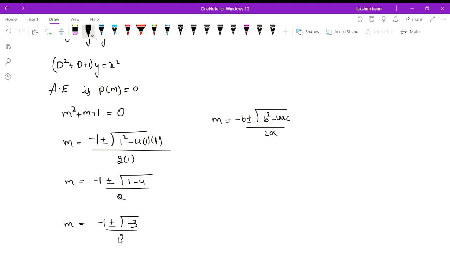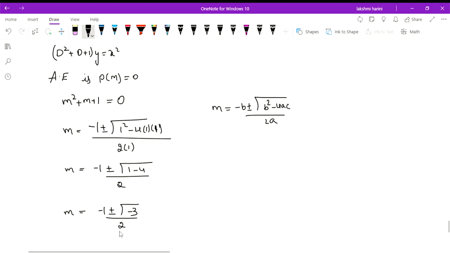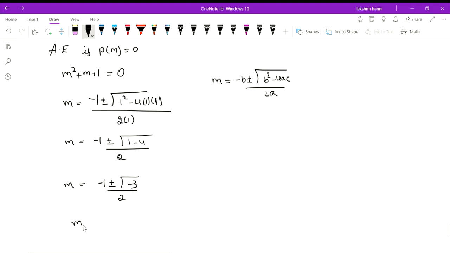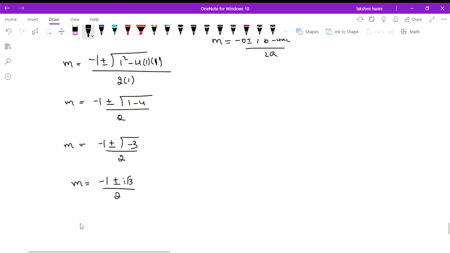We can write root over minus 3 as i root 3, so m is equal to minus 1 by 2 plus or minus i root 3 by 2.